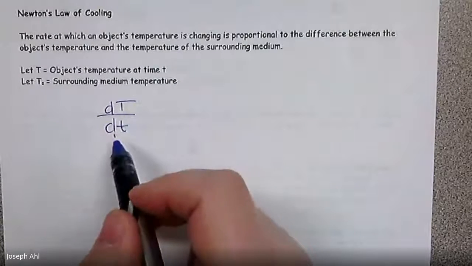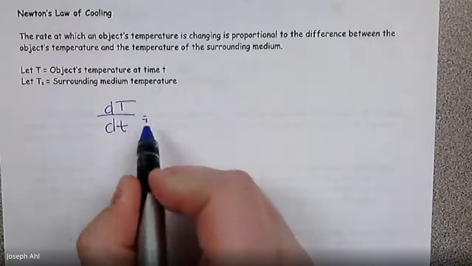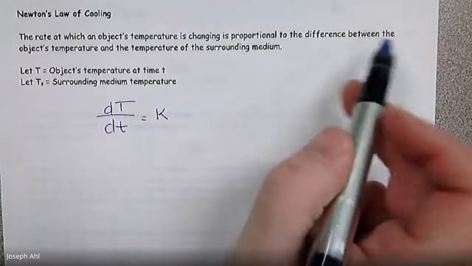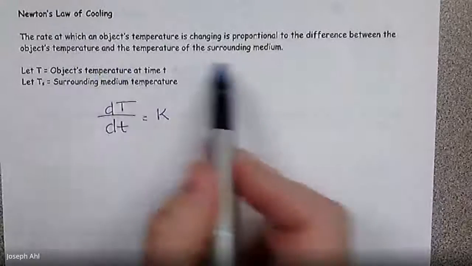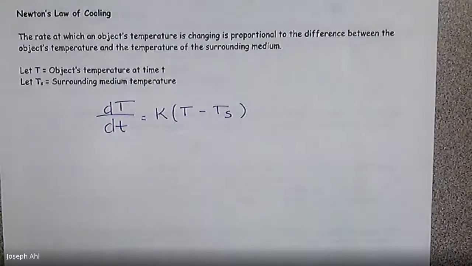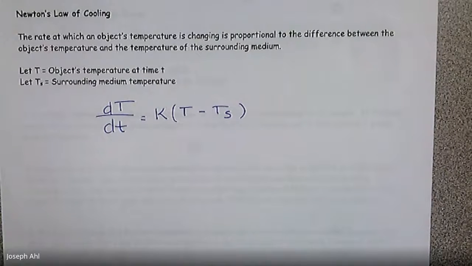But dT/dt would equal, it's proportional to some constant k to the difference between the object's temperature and the temperature of the surrounding medium. So it's proportional to that difference.